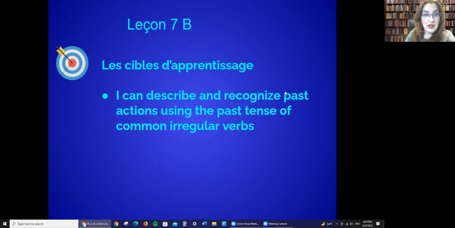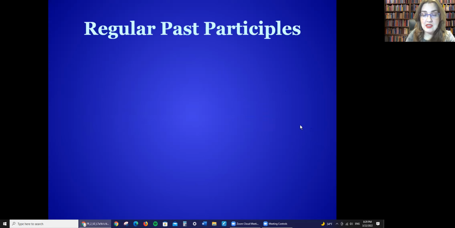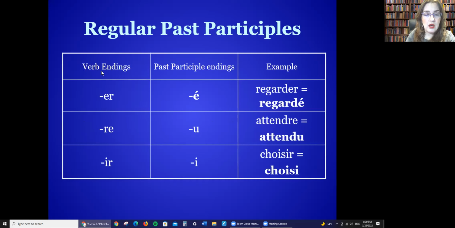Now, right away, we will move to learn how to describe and recognize past actions using the past participle of irregular verbs. And this is kind of a review, but also we have new verbs. First, let's start by doing a quick review of the regular past participles of regular verbs.